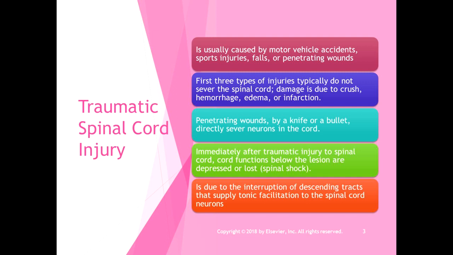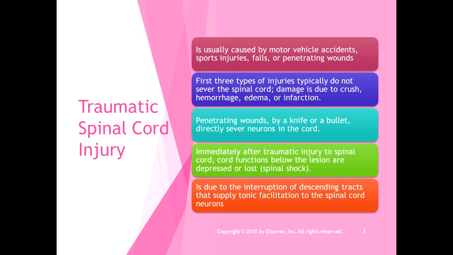So immediately after traumatic injury to the spinal cord, functions below the level of the lesion are very depressed or even completely lost. That is considered spinal shock. It's called spinal shock. So it's immediately following trauma. It's due to interruption of descending tracts that facilitate spinal cord neurons.